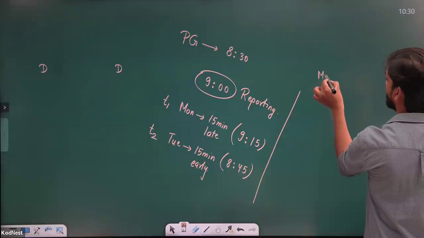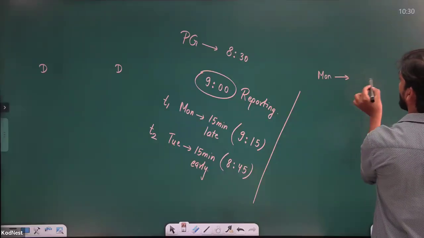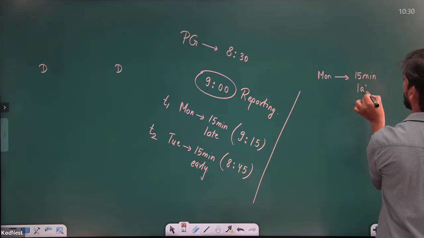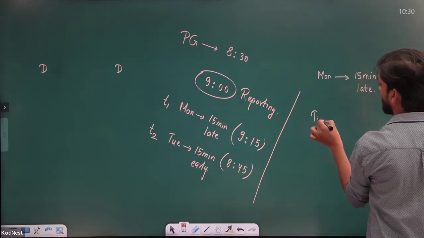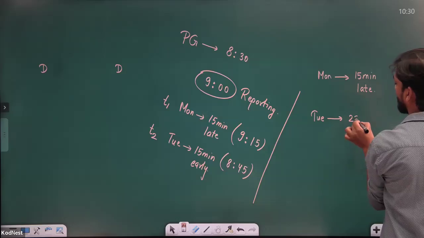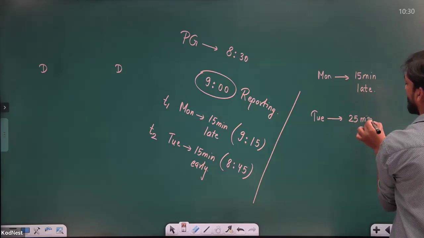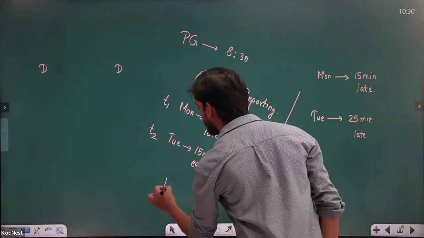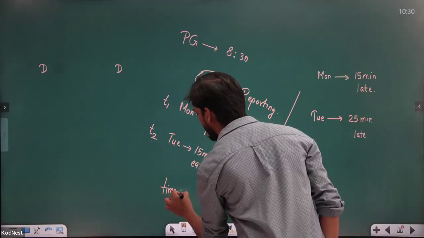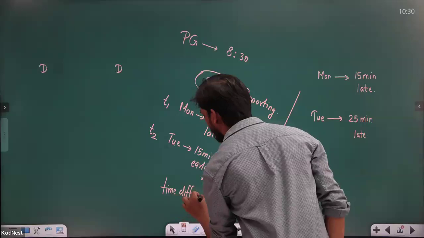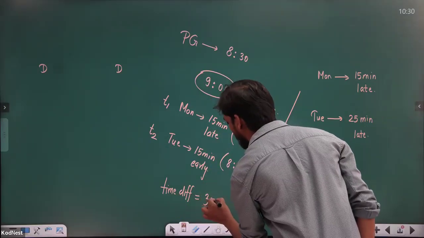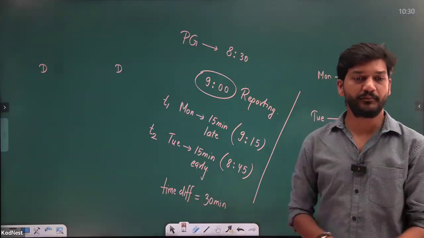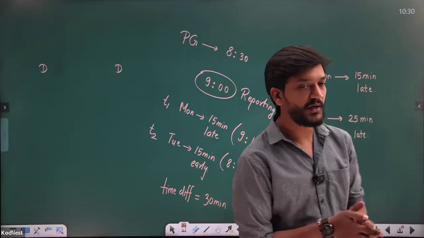Okay, one more question. Let's say Monday, you are 15 minutes late. Tuesday, you are 25 minutes late. Now answer. 10 minutes.